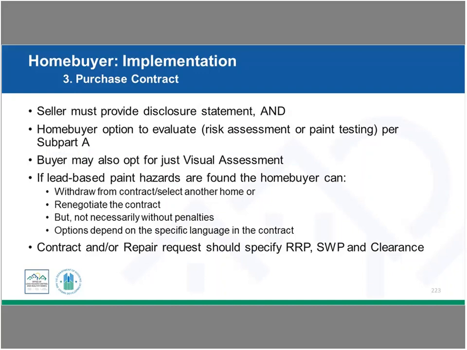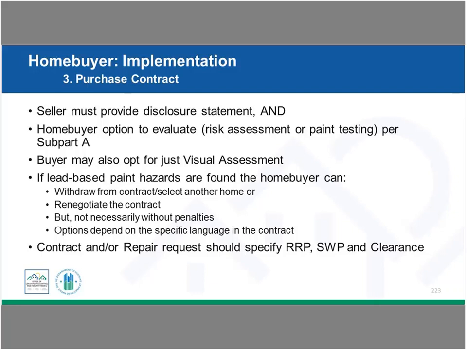The home buyer has the option to evaluate lead hazards, and that's part of Subpart A, and that's one of the requirements that is disclosed as part of that real estate transaction. So a home buyer could have a risk assessment or paint testing done.